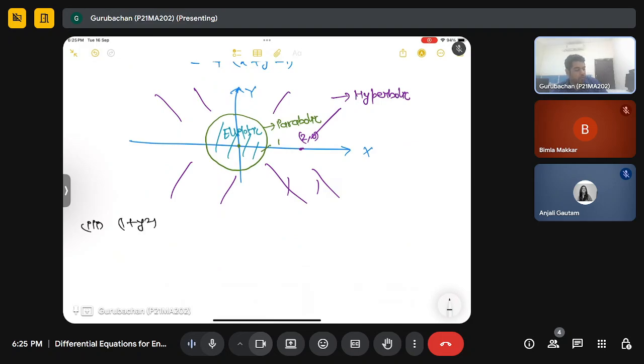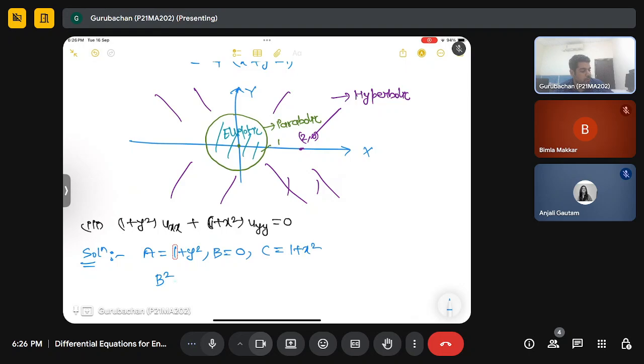In the same way, let me give you one more geometrical representation. (1 plus y square) uxx plus (1 plus x square) uyy is 0. So it is easy to see that a is 1 plus y square, b is 0 and c is 1 plus x square.